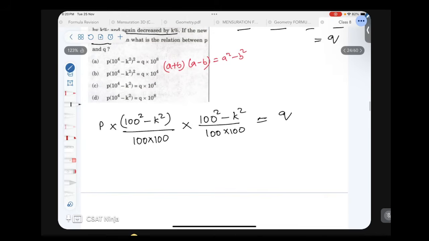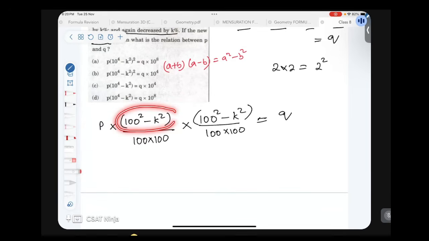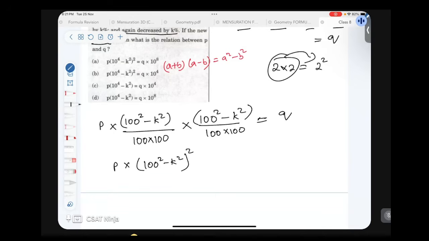Now, if you look carefully, we know that if you have 2 into 2, we write 2 square. So you have 100 square minus K square, twice. Can I write like this? P into 100 square minus K square, the whole square, because if something is repeating 2 times, we just write to the power 2. Same thing here. This one and this one are exactly the same and repeating 2 times, so I can write power 2 there.